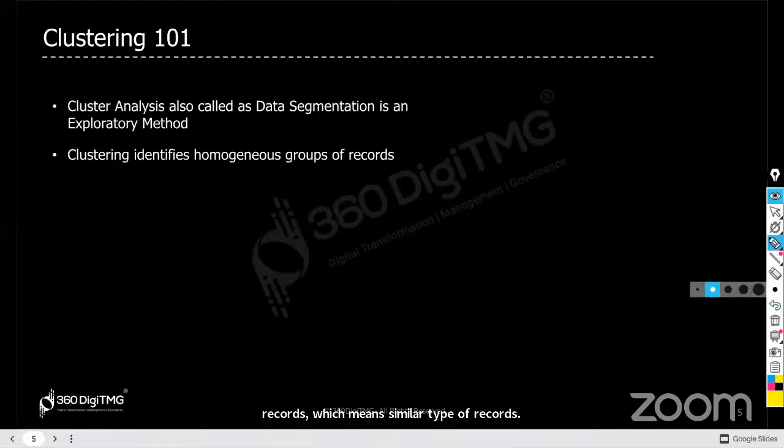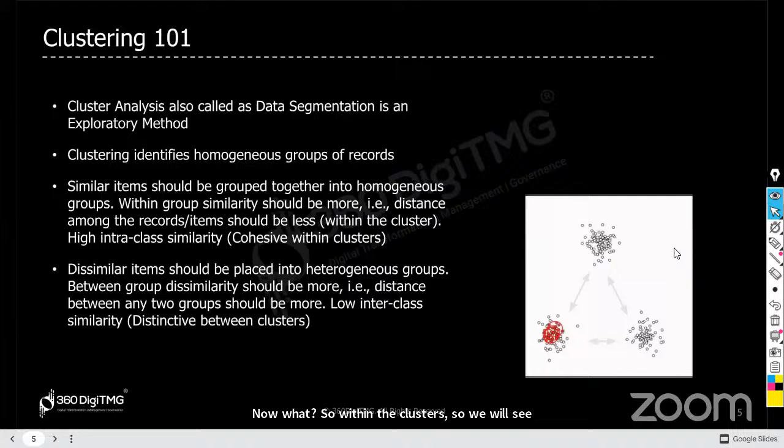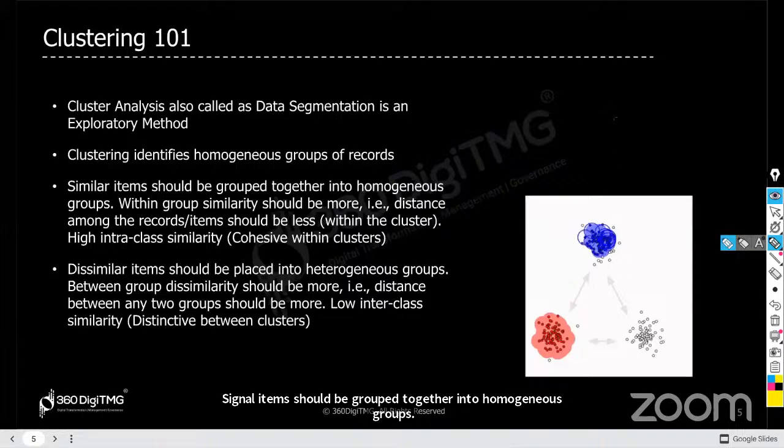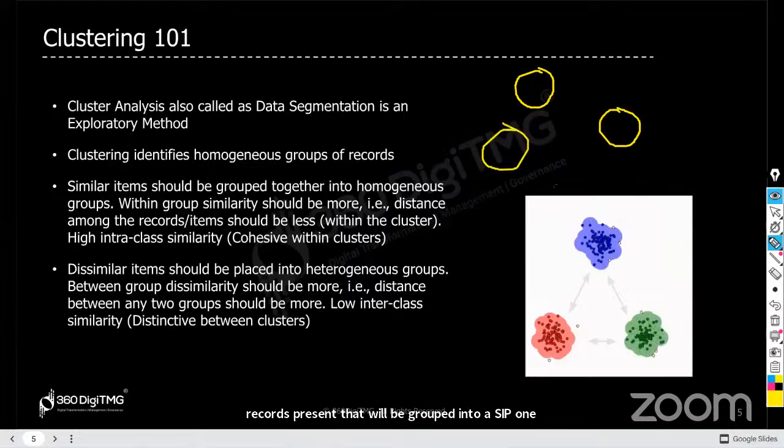Now within the clusters, similar items should be grouped together into homogeneous groups. All the similar records present will be grouped into one cluster, and others will be grouped into another cluster and another cluster. There are different clusters present. Similar items will be present in one cluster, which is called homogeneous.